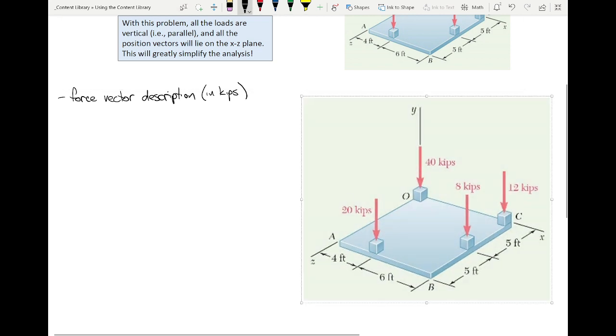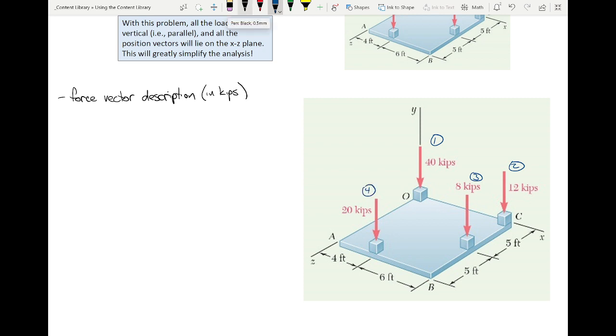All right. So what we'll do is we'll come up with a numbering scheme. Let's say this is 1, this is 2, this is 3, this is 4. Just so we're all referencing the same thing, okay? So F1 is negative 40J.